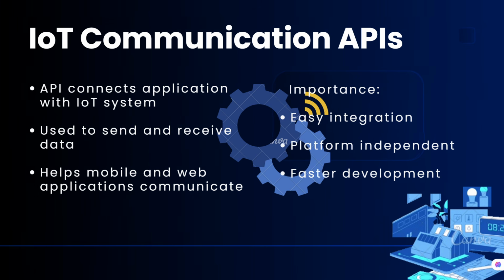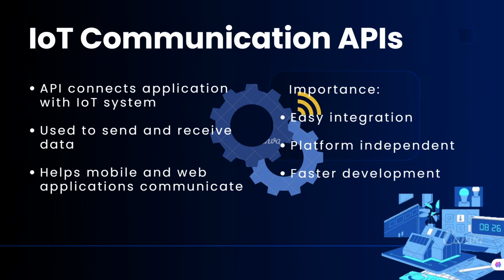Next, we'll see IoT Communication APIs. In this slide, you can see gears connecting different systems. This represents an API. An API allows software applications to communicate with the IoT system.